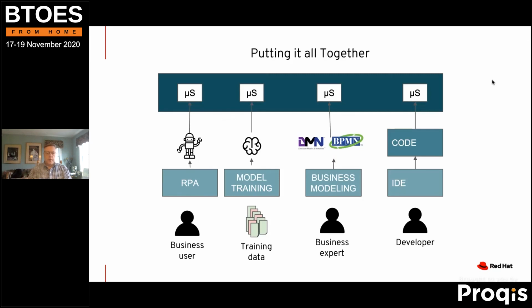So finally, RPA is another way of creating applications and fits into this model. And this really is the high level picture of where things have come from, that earlier picture of the business process management system, very much focused now on deploying microservices-based automation applications in the cloud, using all of these technologies.